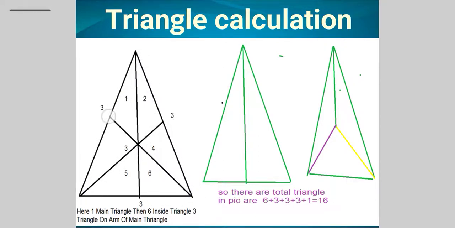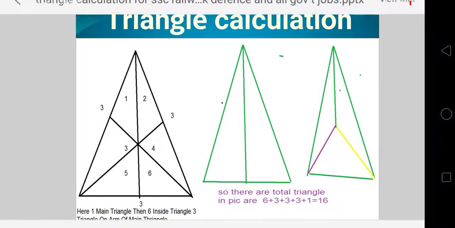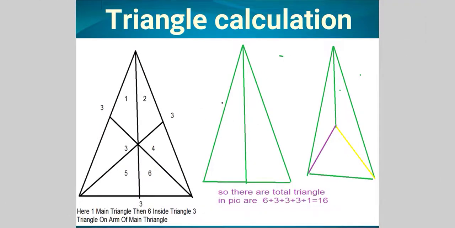On this line we can check 1, 2, 3 triangles. On this line we can check 1, 2 and 3 triangles. So how many triangles? 1, 2, 3, 4, 5, 6: 6 triangles plus 9 triangles, and 1 is the main triangle.